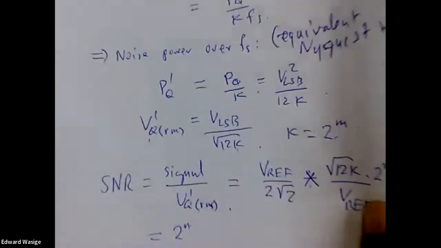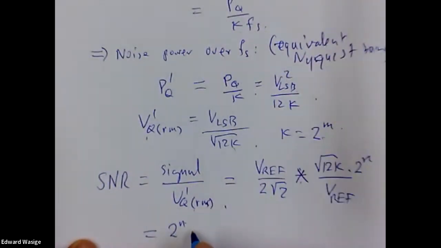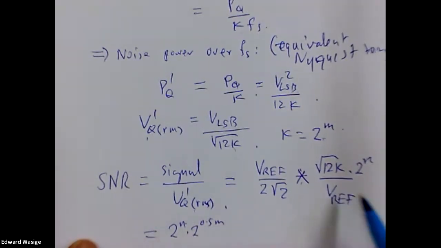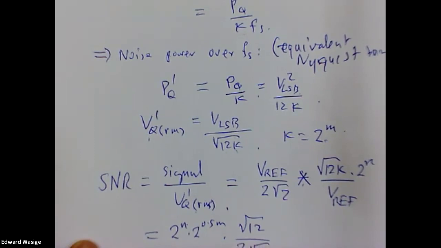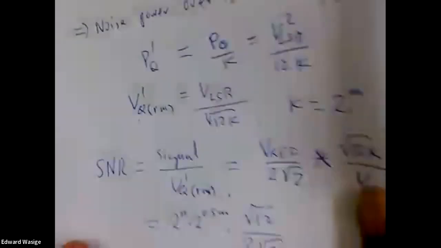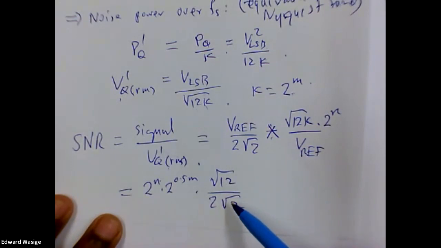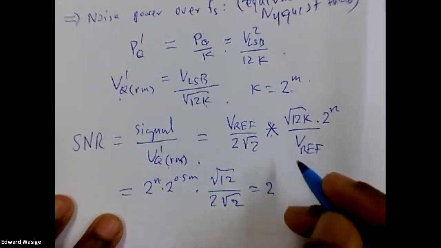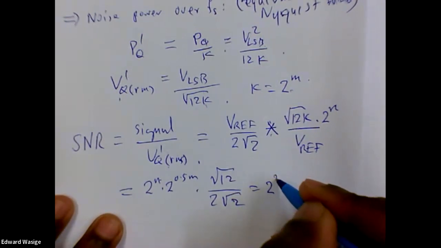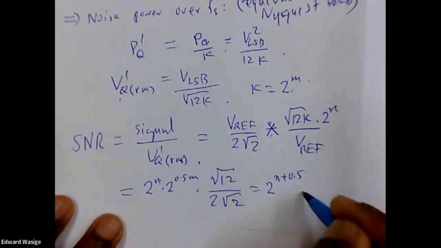If we put K into this expression, we'll have 2 to the power 0.5 m from this K, and then we'll have root 12 to root 2. And if we simplify this, this will be 2 to the n plus 0.5 m.